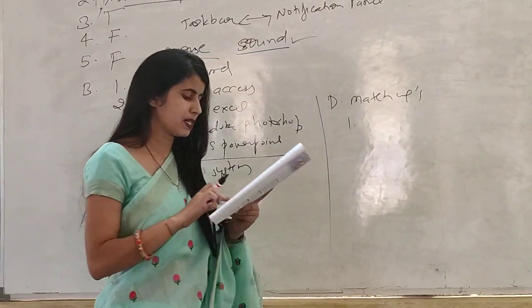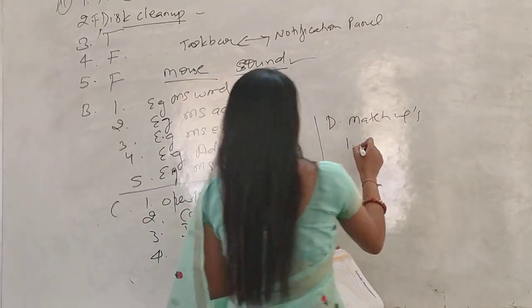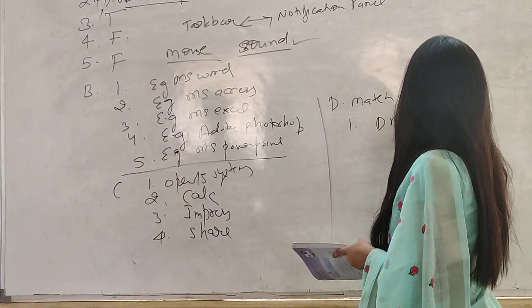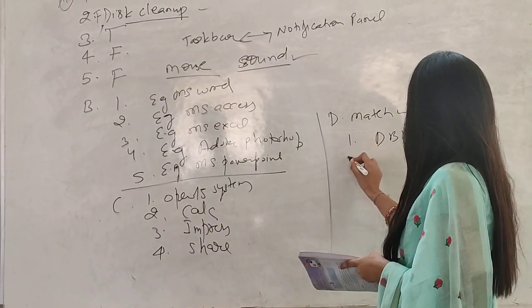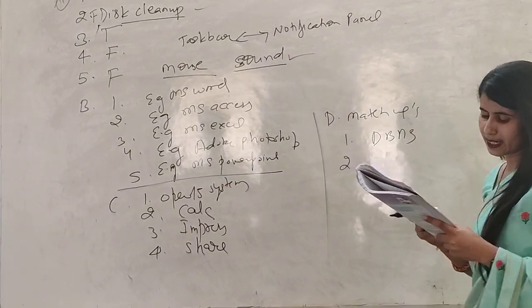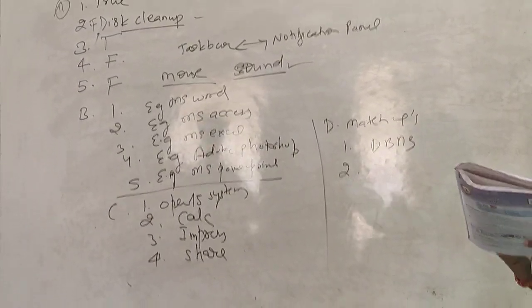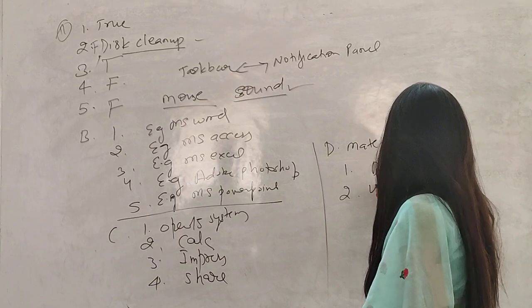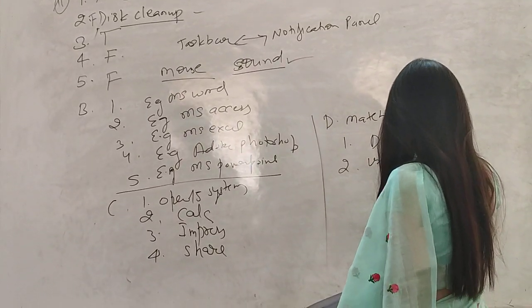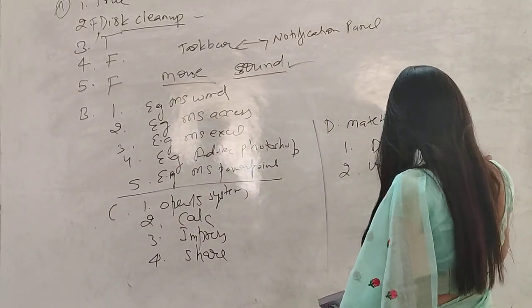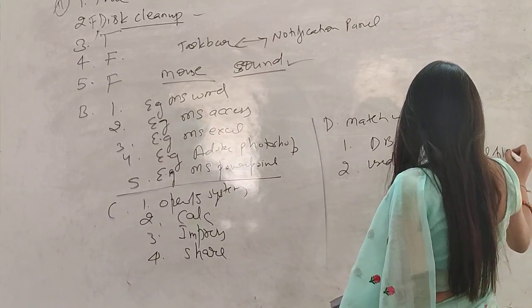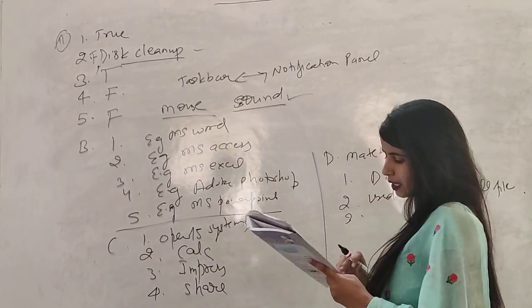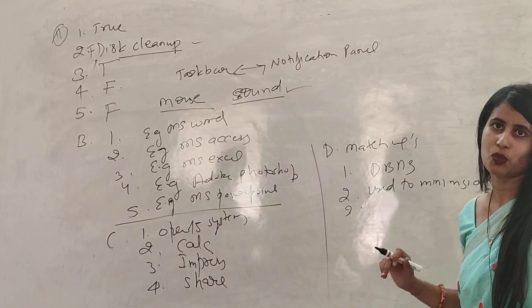First one is MS SQL, it is a DBMS. So the first one you have to match with DBMS. Second is Shake. Shake you have to match with used to minimize. The one used to minimize all files is Shake. Third one is Snap. Snap is used to compare.